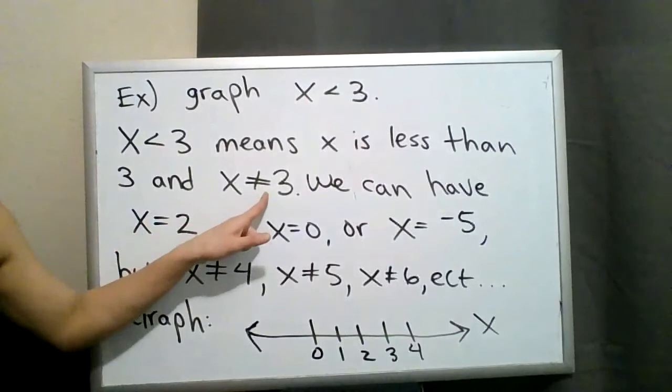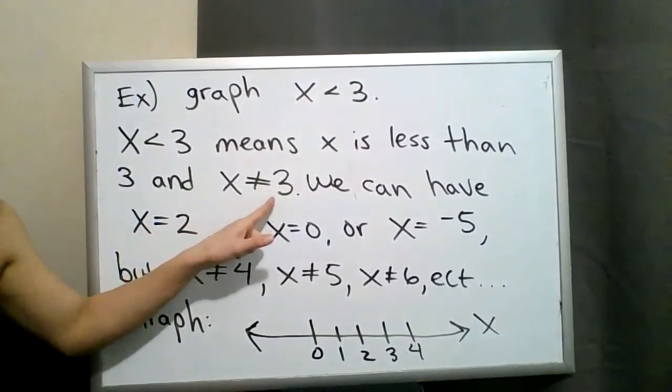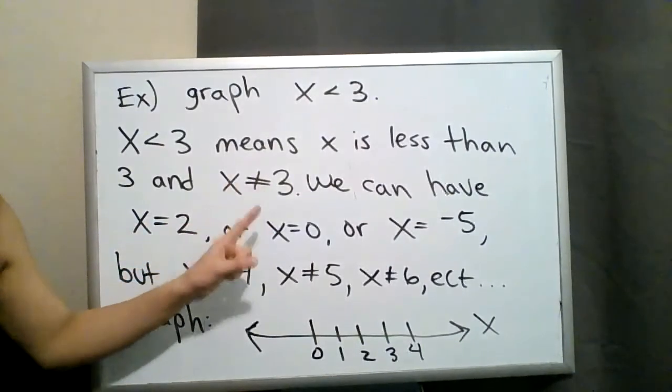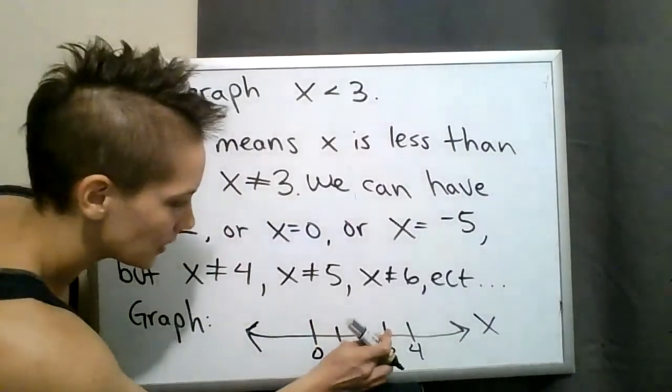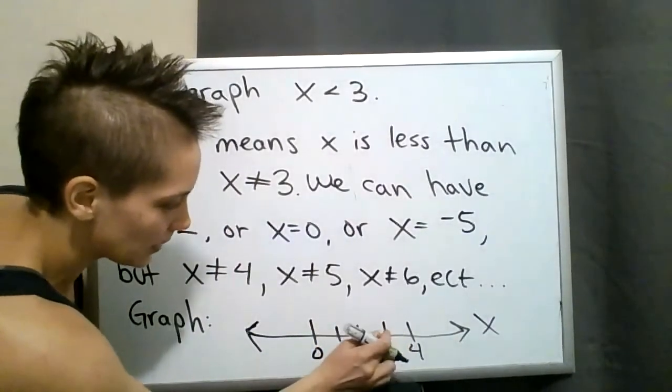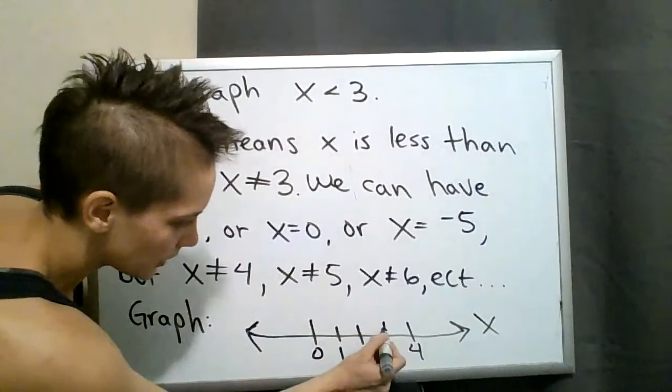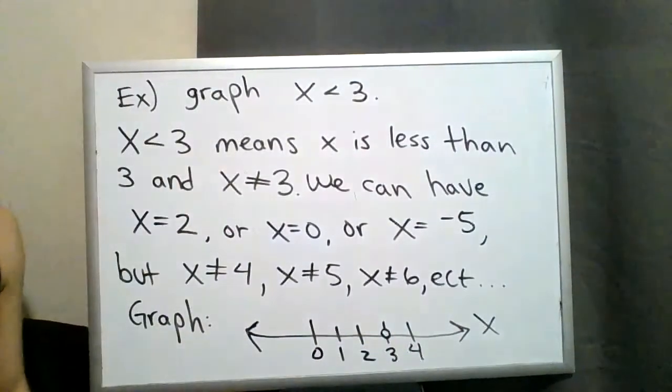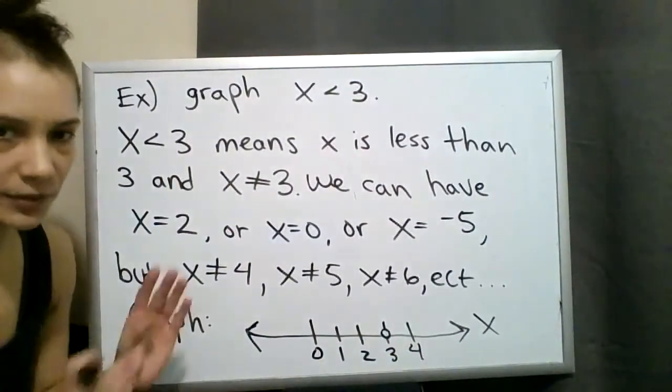X does not equal 3, which means you're going to have an open circle right there and not include that number. Okay, so we've left out 3.